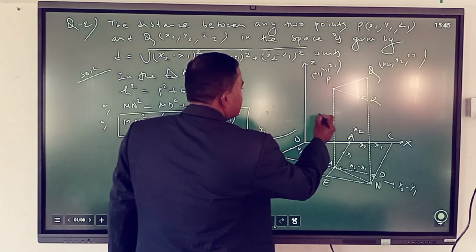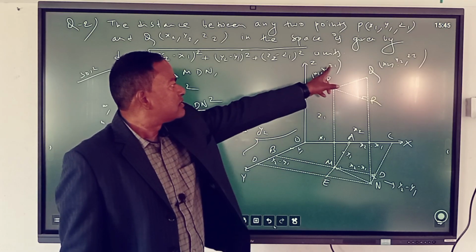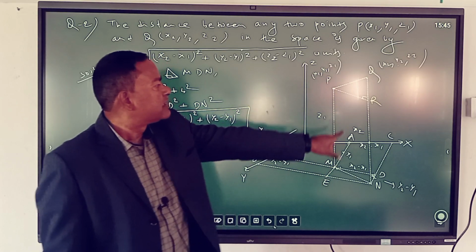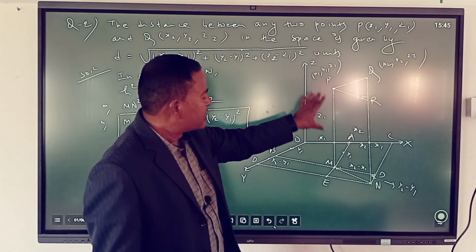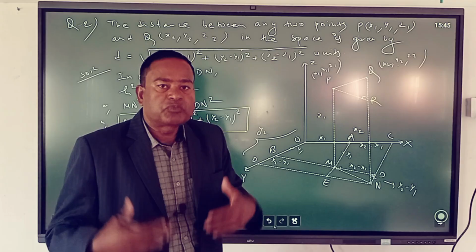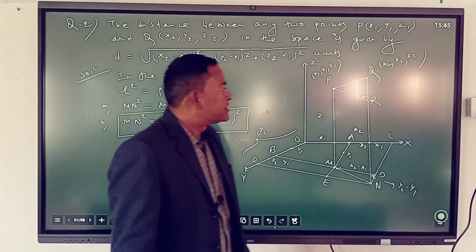So dear student, we know that PM represents the Z coordinate of the point P. So this PM is equal to Z1, and since PM and RN are equal because they are the opposite sides of a rectangle, RN is also equal to Z1.